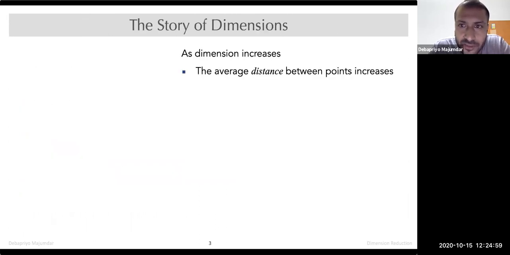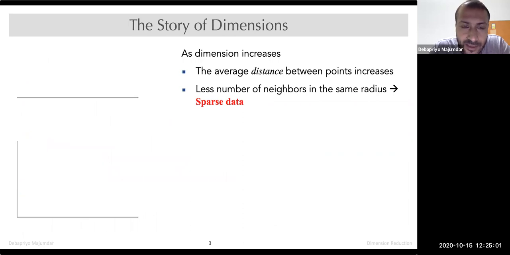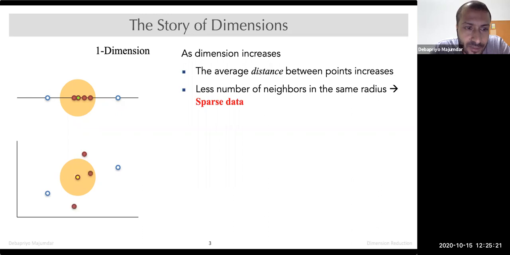So we remember this picture that if we draw, let's say, a few points on one dimension, then you see the green point has the red ones close to it, but the blue points are far apart, and so on. Now, what if you draw the same points in a higher dimension?